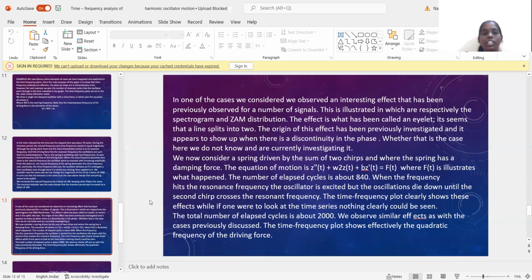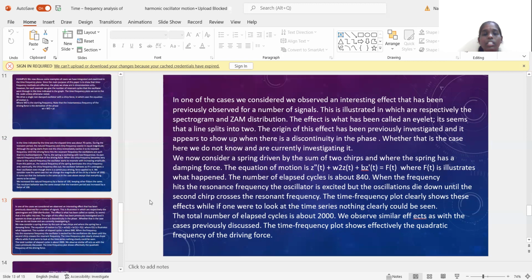It seems that a line splits into two. The origin of this effect has been previously investigated, and it appears to show up when there is a discontinuity in the phase. Whether that is the case here, we do not know and are currently investigating it.